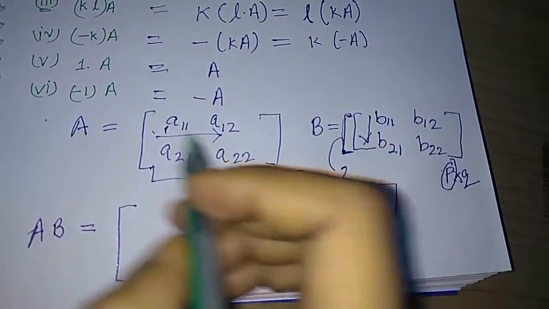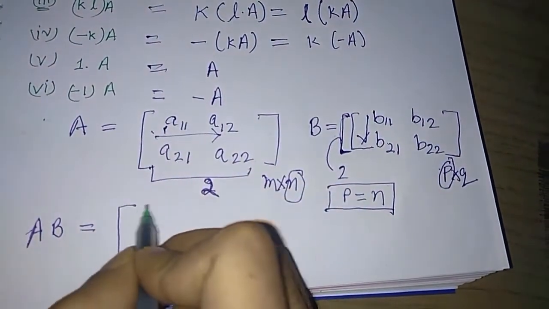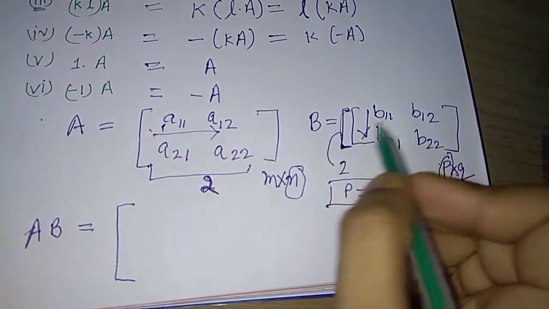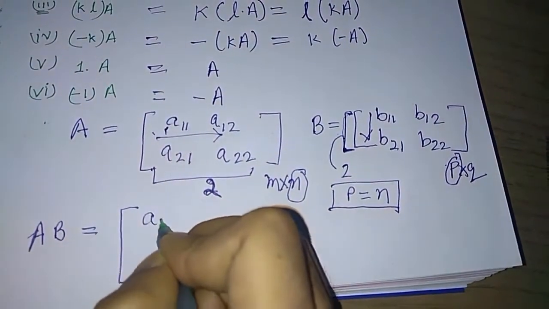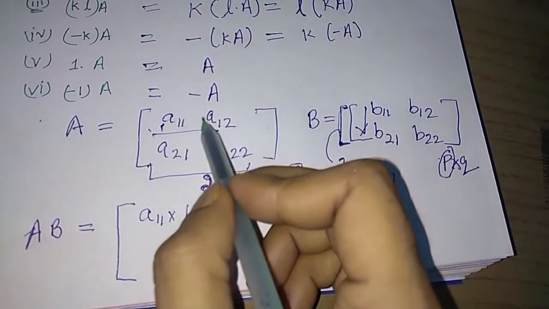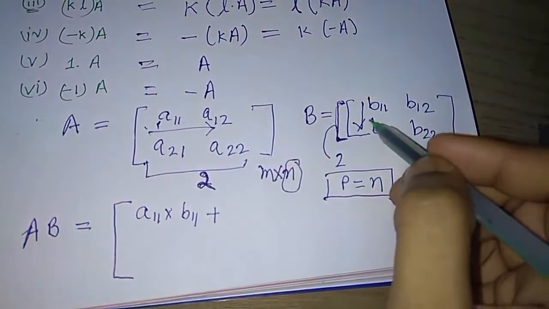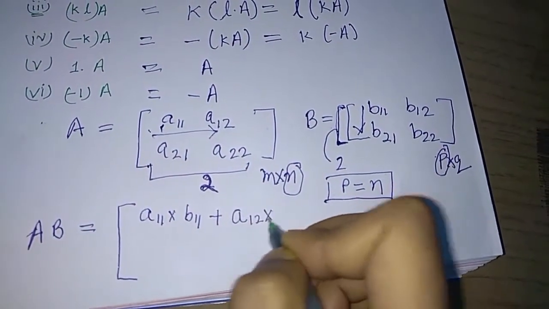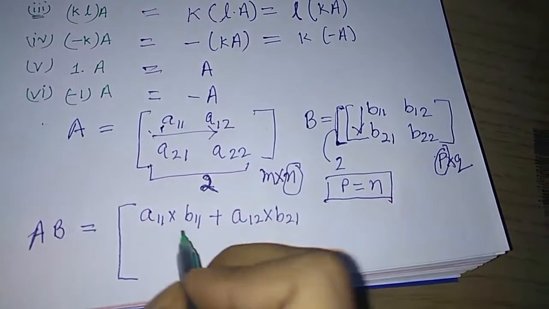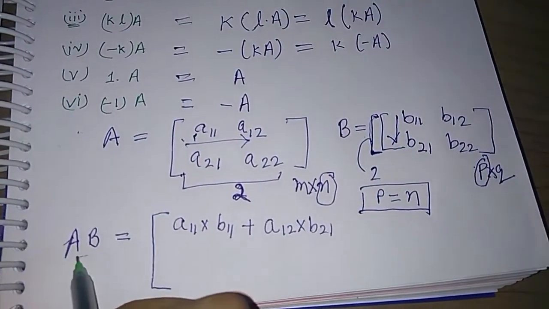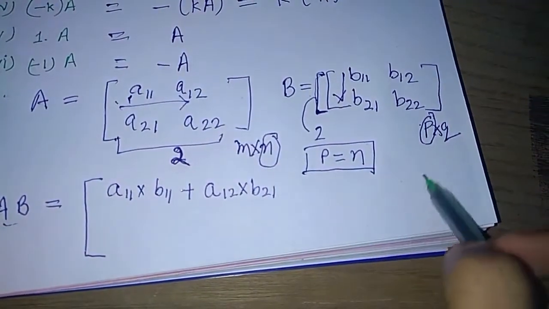For the first value, we multiply A11 into B11, and add A12 into B21. This combined result gives us the first element of the A into B matrix.